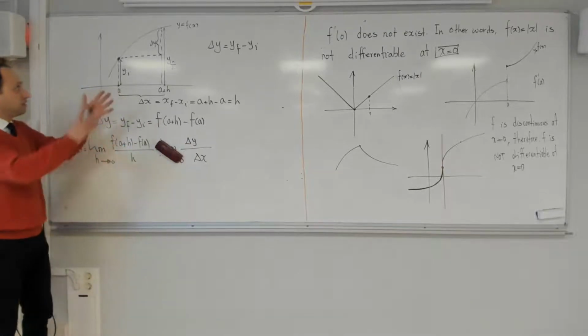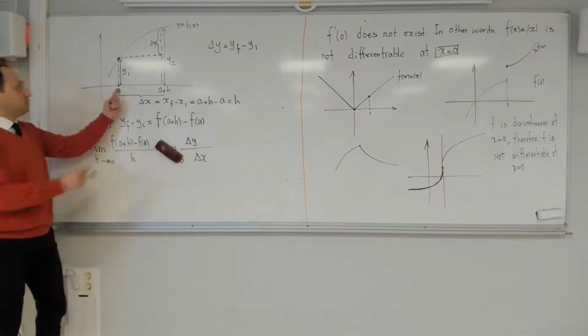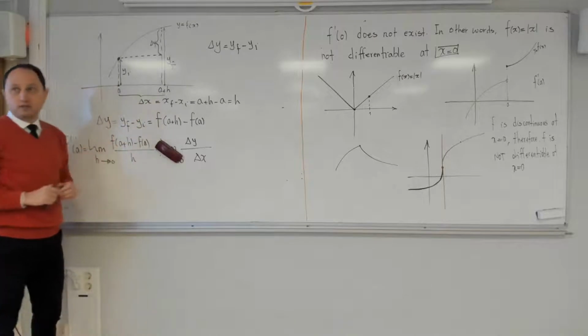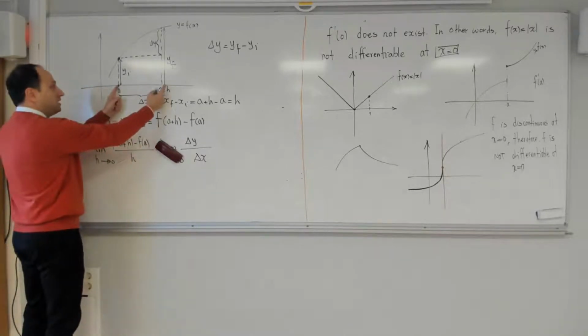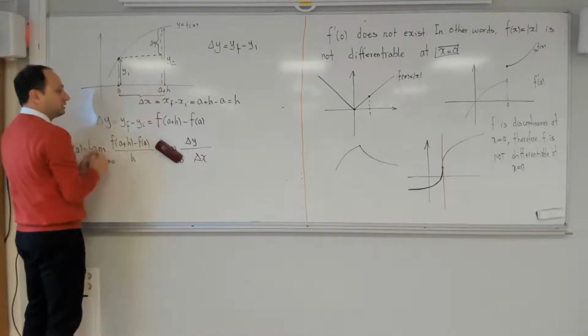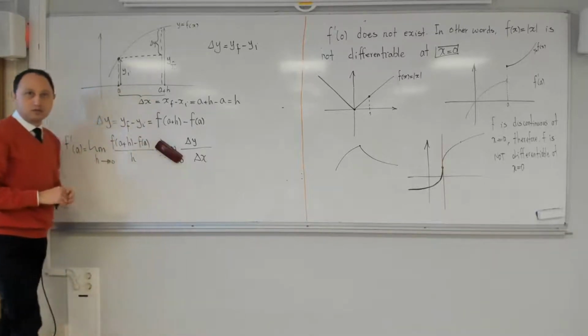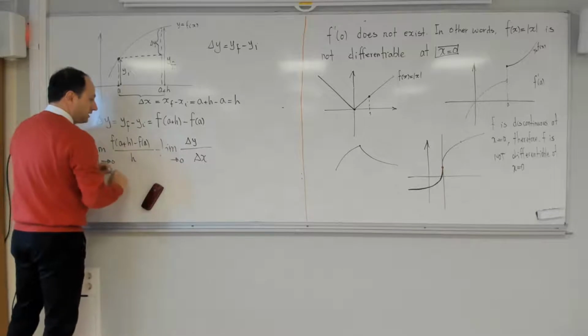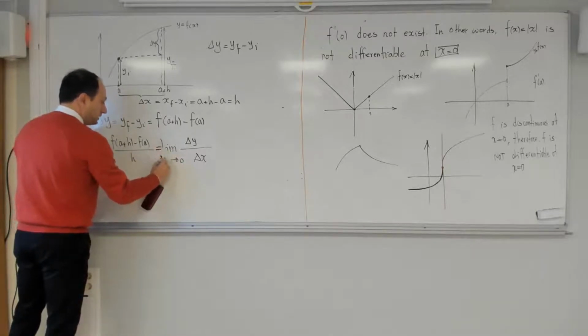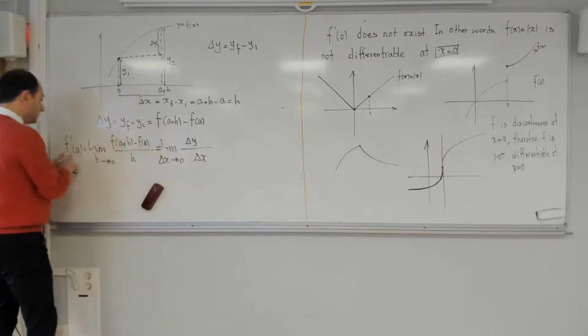How much the function in average changes in this big interval. But if I make this interval shorter and shorter, I am getting closer to the instantaneous rate of change. So in the limit, when delta x goes to 0, I will get the derivative.